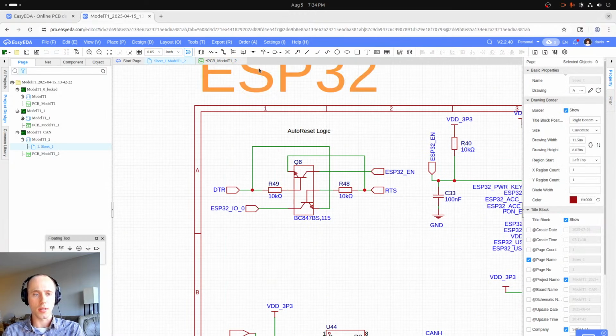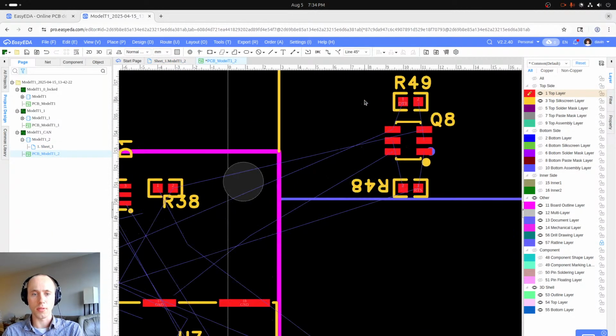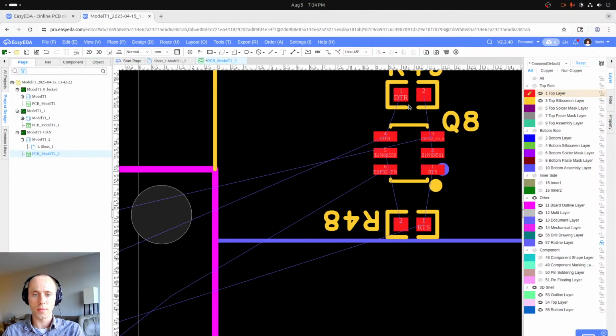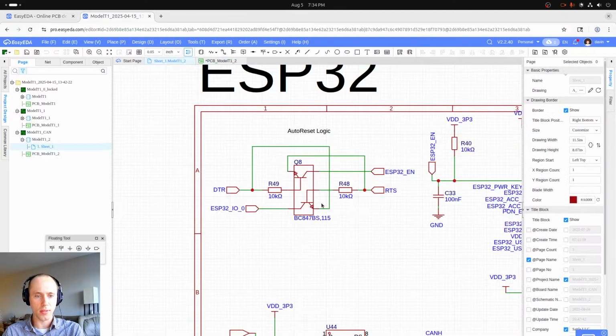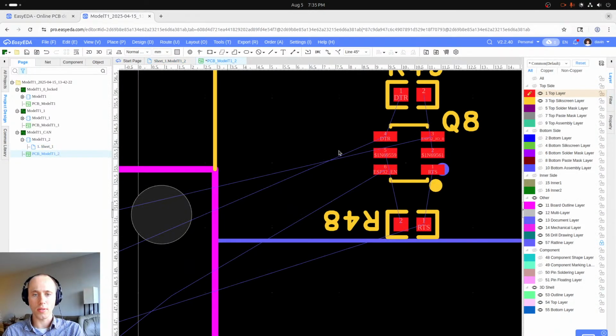Now, where does it want to go to? Let's figure out where these rat lines go. Does this just loop back around? Yeah, this just loops back around here. That pin doesn't matter too much, but it does go off to somewhere else.